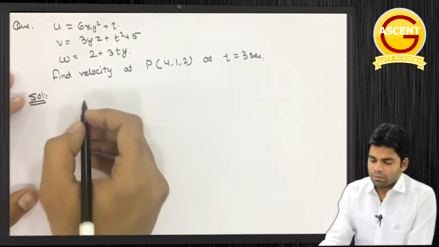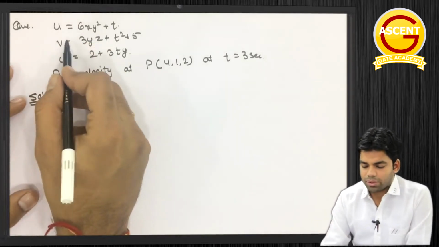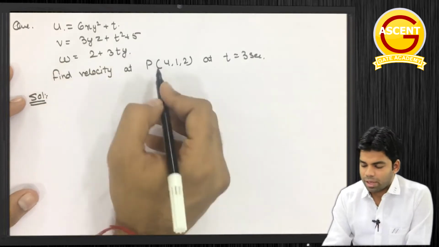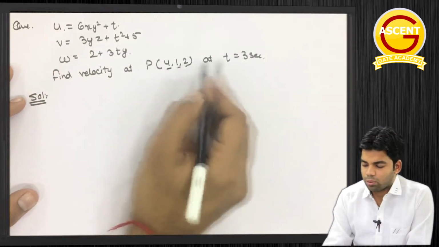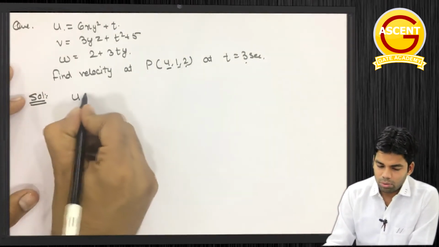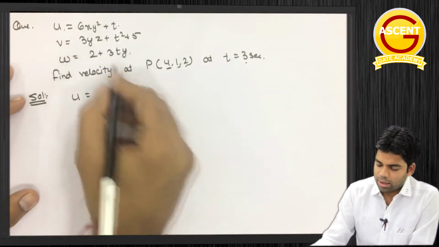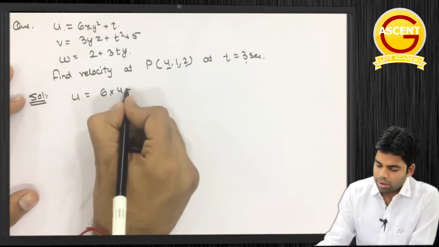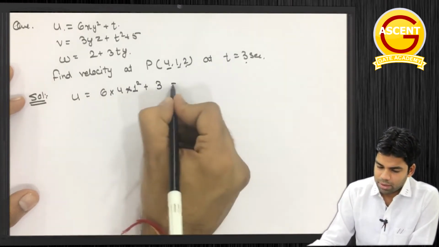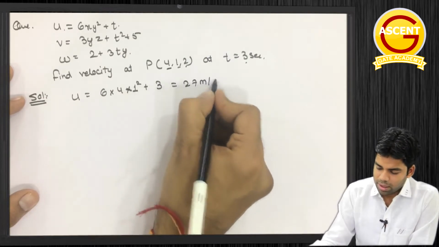Now how to solve this? Very simple. First we have to determine the values of the velocities u, v and w. We have the coordinates 4, 1 and 2, and time is given as 3 seconds. So we can easily determine u. This u will be equal to 6 into 4 into 1 square plus 3, which is equal to 27 meter per second.